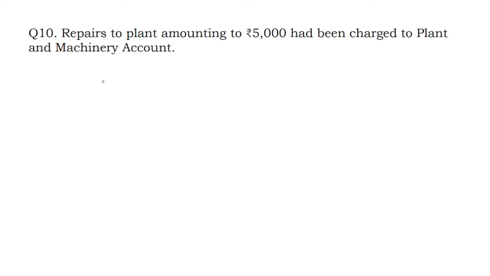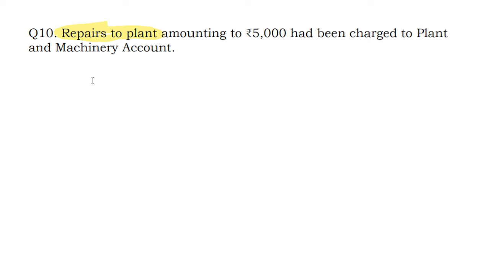So again, repairs to plant amounting to 5,000 had been charged to plant. Now the situation is a little bit reverse, a different situation. It is mentioned clearly that it is repairs to plant. It is not an addition, not a small shed or extension of the building or anything.